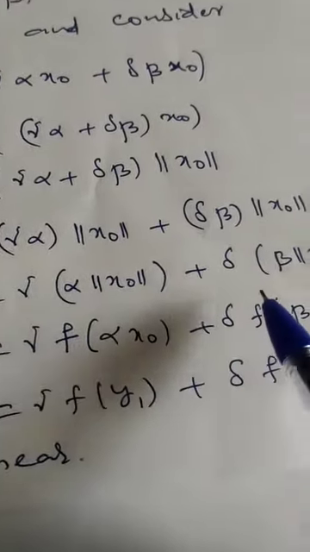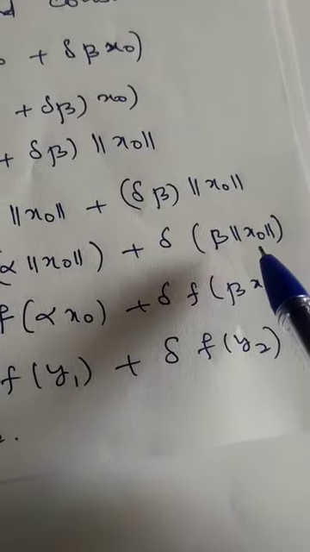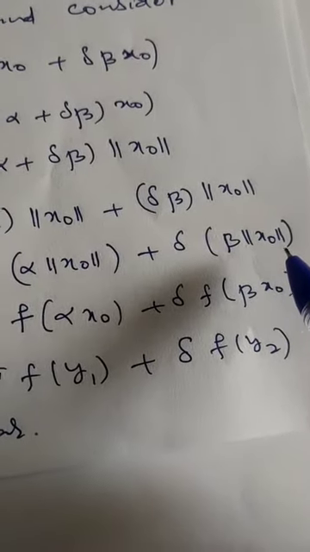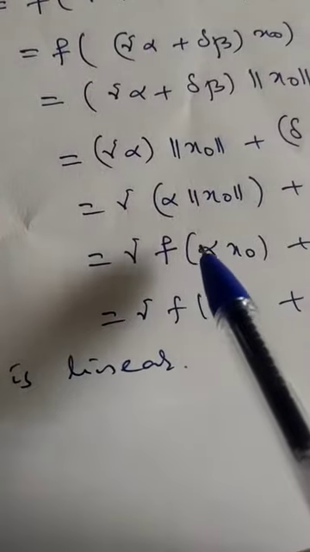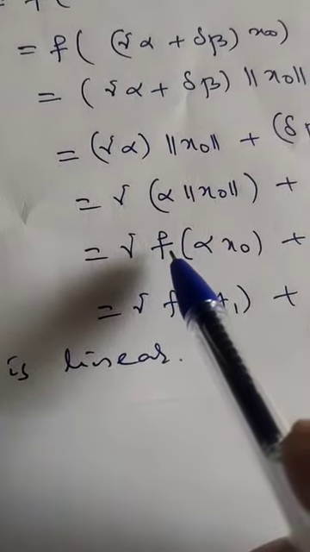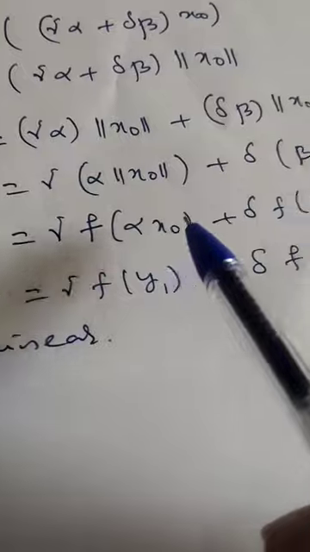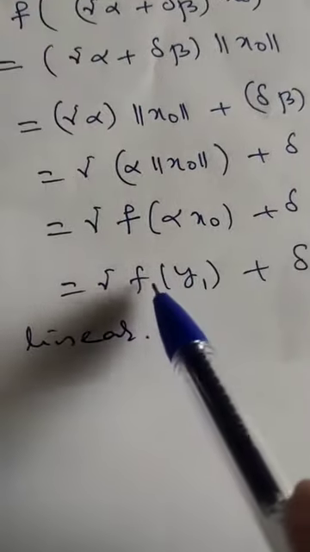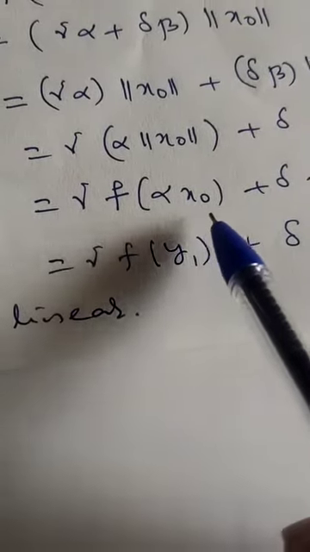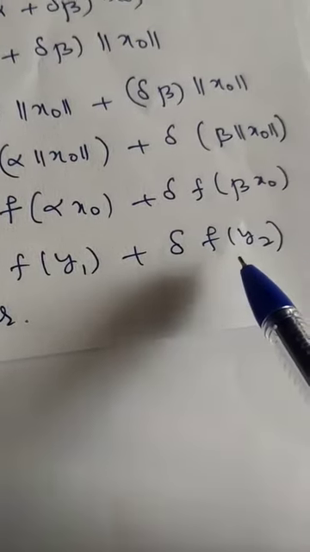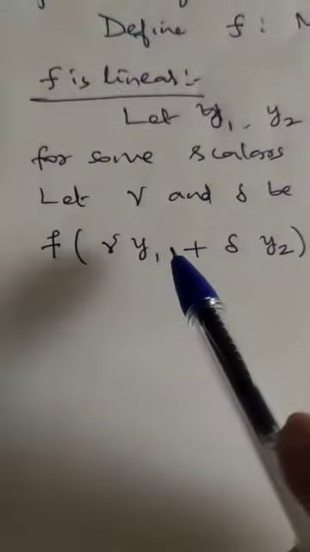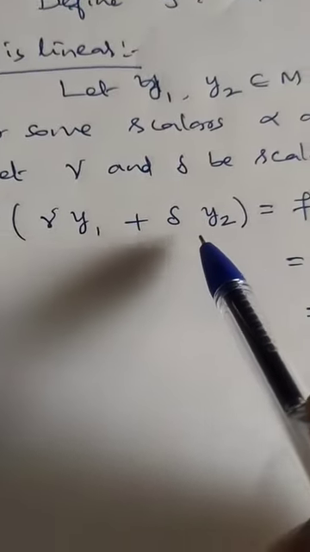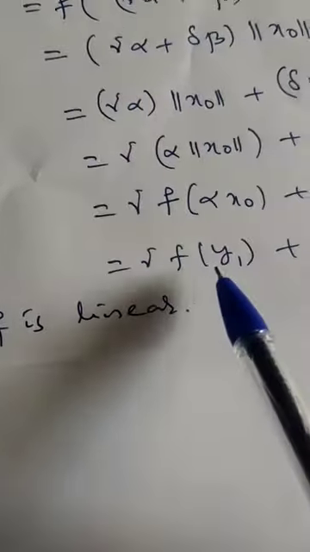I will group this as gamma times alpha norm of x0 plus delta times beta norm of x0. Alpha norm of x0 can be written as f of alpha x0, so this is gamma times f of y1 plus delta times f of y2. Thus we have shown that f of gamma y1 plus delta y2 equals gamma f of y1 plus delta f of y2. Therefore f is linear.